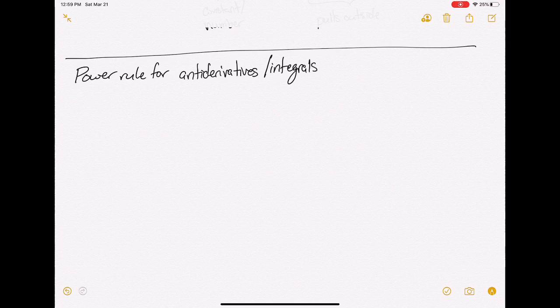So let's come up with this power rule. Power rule for antiderivatives. And we're going to get used to this other word, integral. They really are synonymous. The power rules for antiderivatives or integrals.